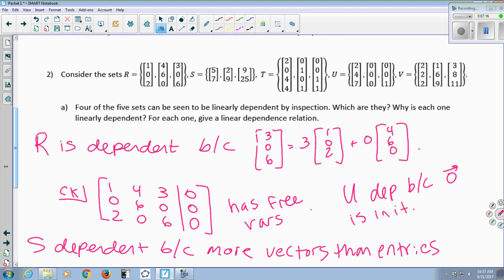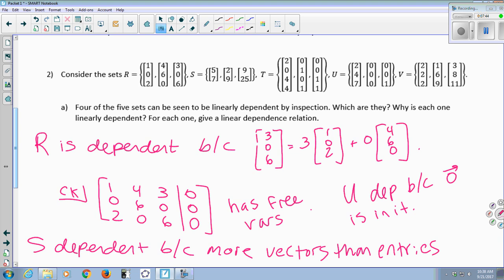And then V, you can't tell? I can tell. Anybody see it? Owen? Sure, you can subtract the second from the third to get the first, or you can add the first 2 and get the third.